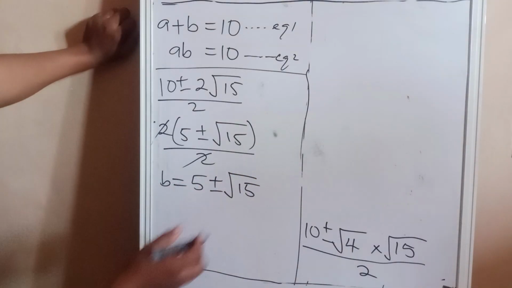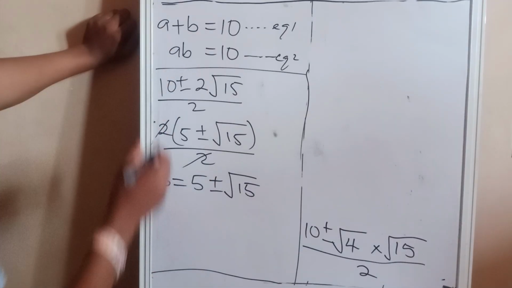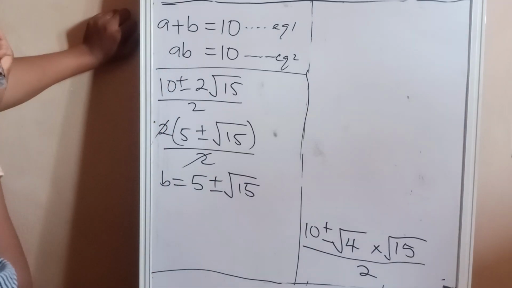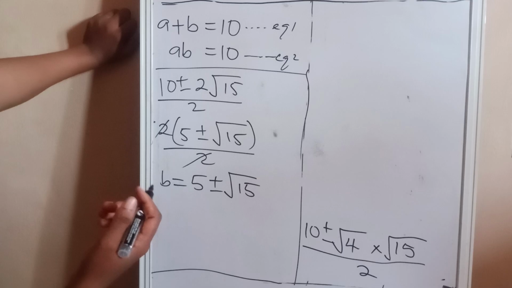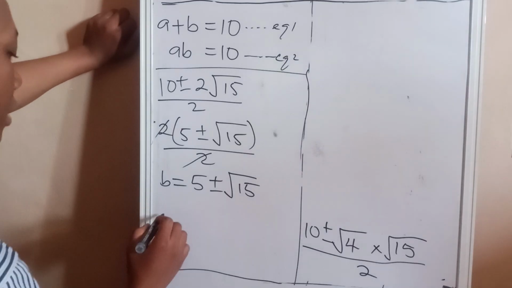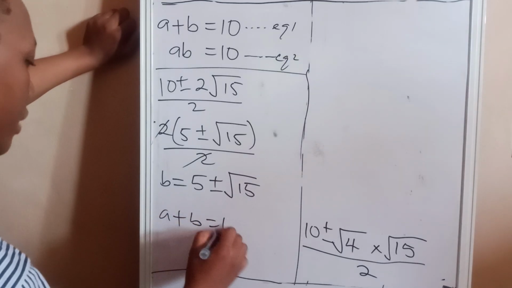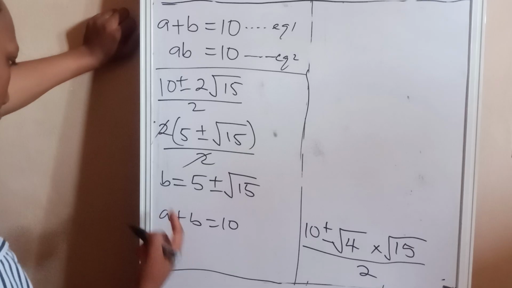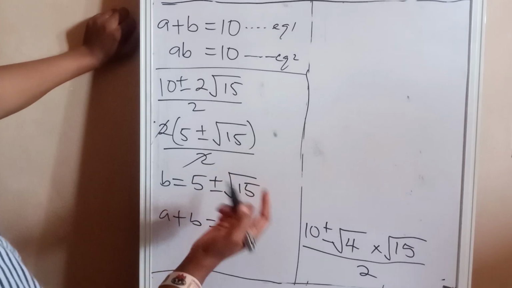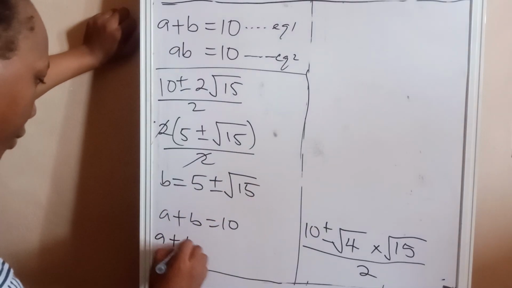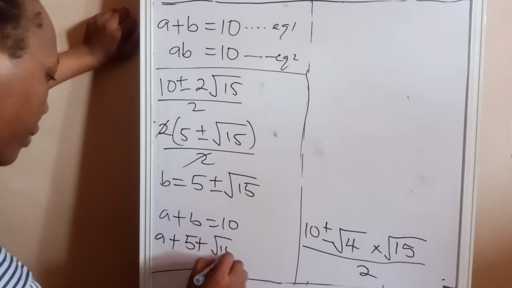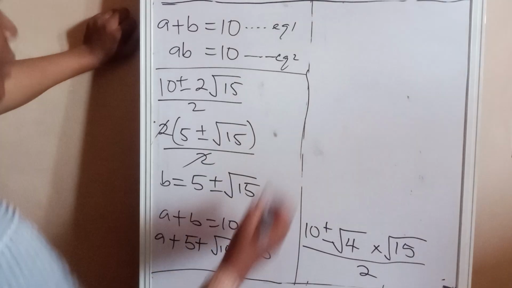Now for us to get the value for a, we're going to substitute it in equation 1. So we have a plus b equals 10. Wherever I see b, I'm going to put 5 plus root 15. So a plus 5 plus root 15 equals 10.